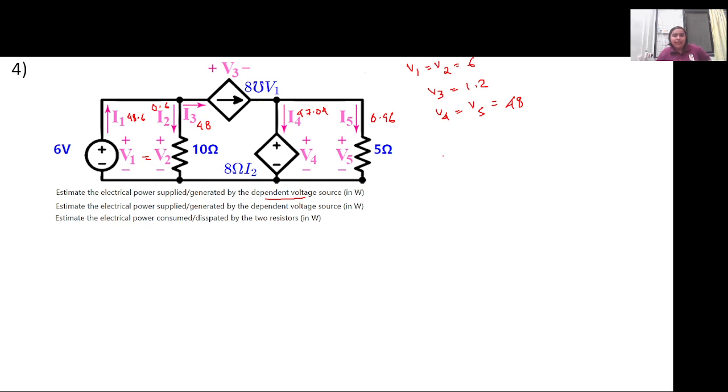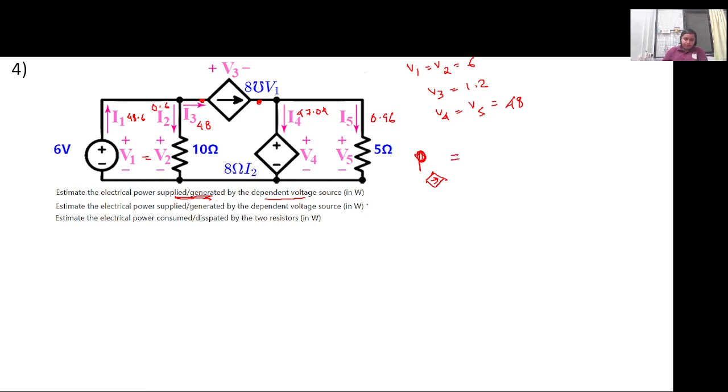So let's take the current source first. Please note it is written supplied or generated by the dependent source. So this voltage dependent current source, what will be the power delivered by this?